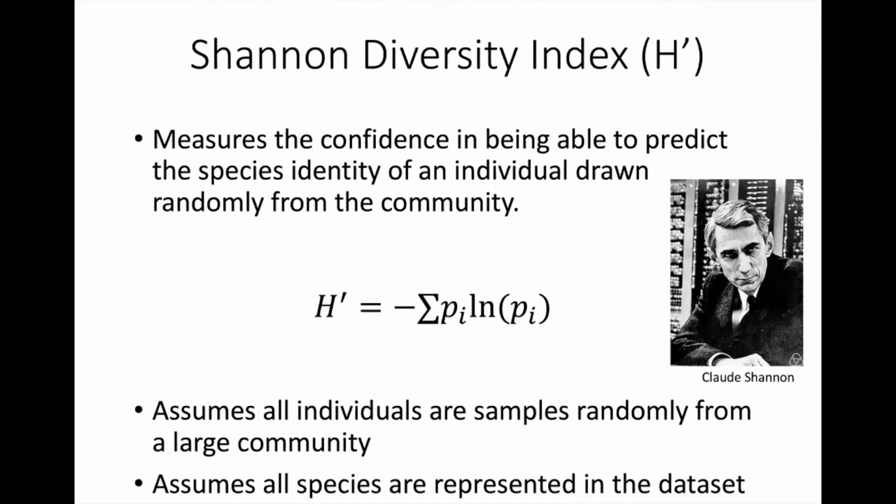That's what this does. And it requires knowing the relative abundance of those different species. Or in the case of the marble example, if there's mostly red marbles and very few blue and green, then you can predict with high confidence you're going to pull out a red marble. But if it's even, you've got 30 reds, 30 greens, and 30 blues, you're going to have a 1 in 3 chance of being right. So that's kind of the analogy for how this works.